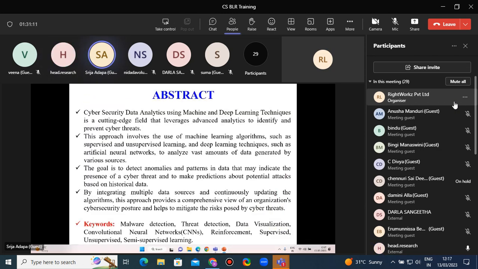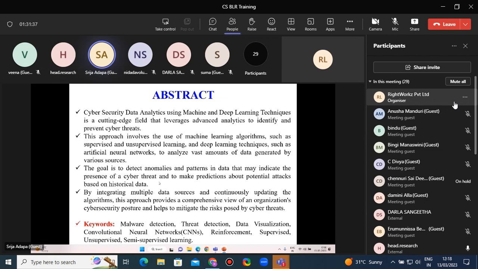Abstract. Cybersecurity data analytics using machine learning and deep learning techniques is a cutting-edge field that leverages advanced analytics to identify and prevent cyber threats. This approach involves machine learning algorithms such as supervised and unsupervised learning, and deep learning techniques such as artificial neural networks, to analyze vast amounts of data generated by various sources.